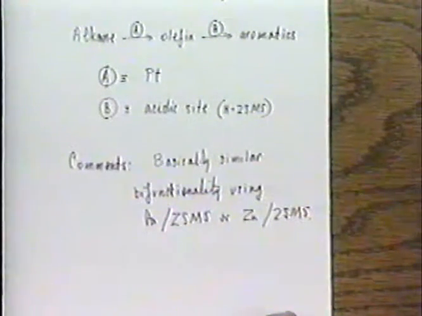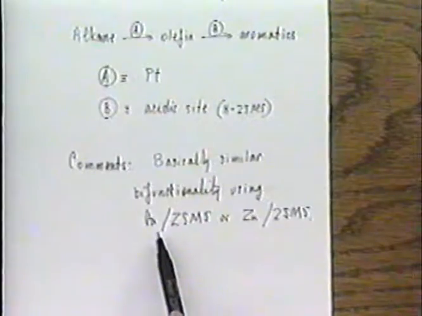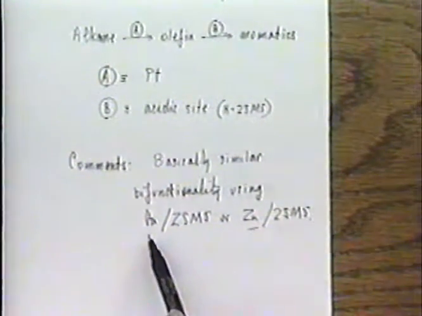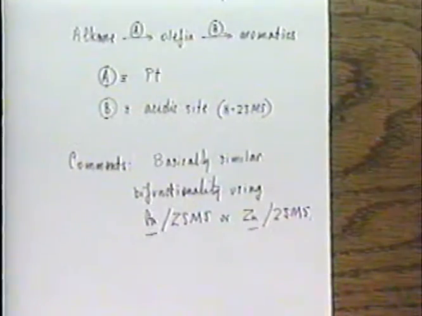The same thing can be done with, instead of platinum, using gallium or zinc as a component in the ZSM5, and it also operates by functioning as a dehydrogenation site.